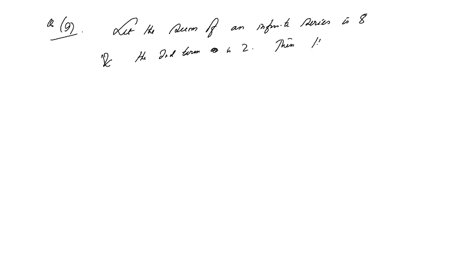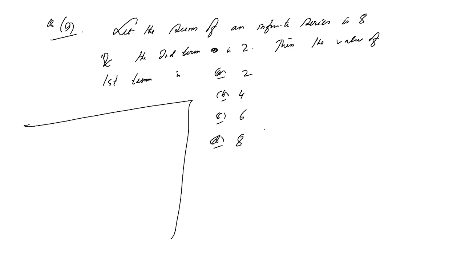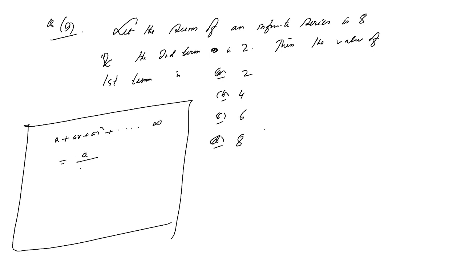Then the value of the first term is: option A 2, option B 4, option C 6, and option D 8. Now you see, if we think about an infinite series, a plus a r plus a r square plus dot dot dot up to infinity, this sum will be a by 1 minus r if the sum exists, if the modulus of r is less than 1.